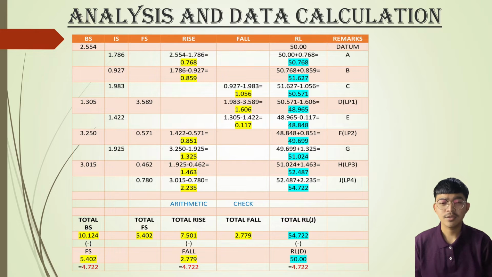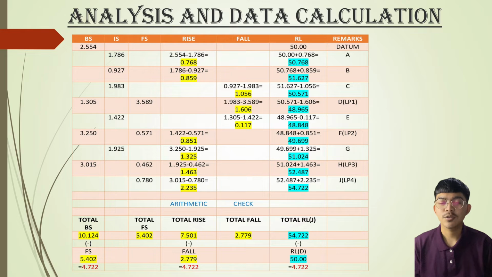First, you should know how to find fall and rise. If you subtract any of BS, IS or FS and you get negative, you will get fall, and if you get positive, you will get rise.